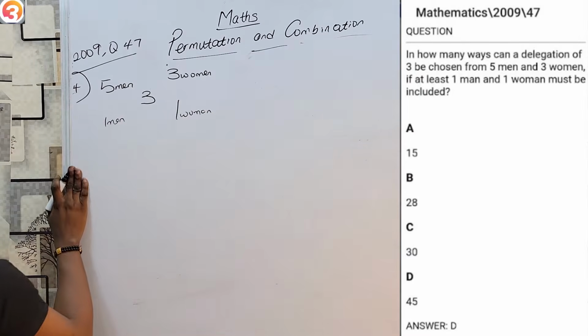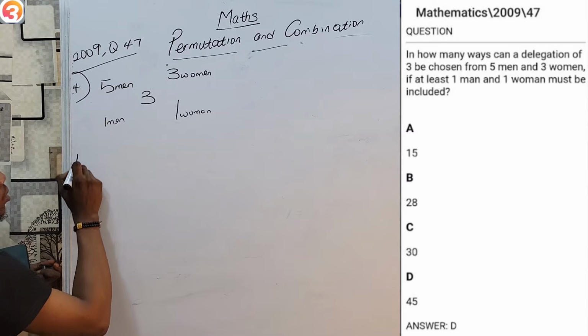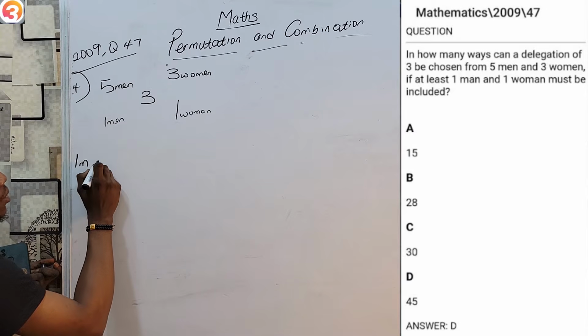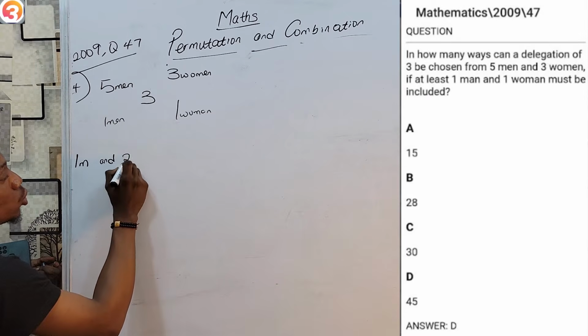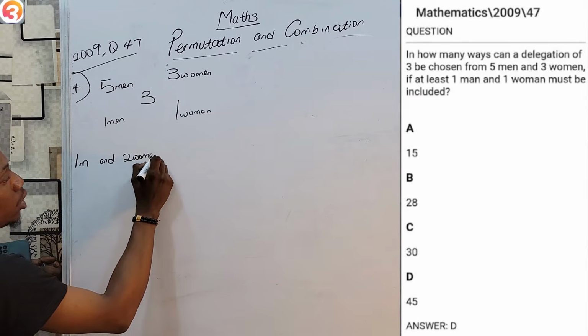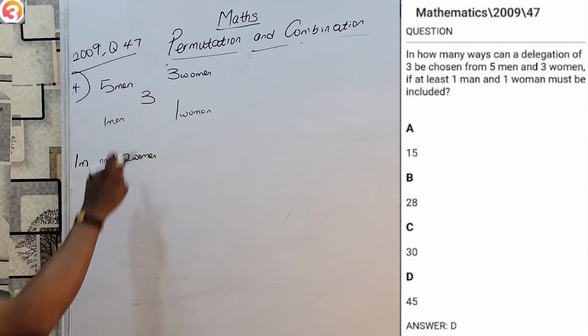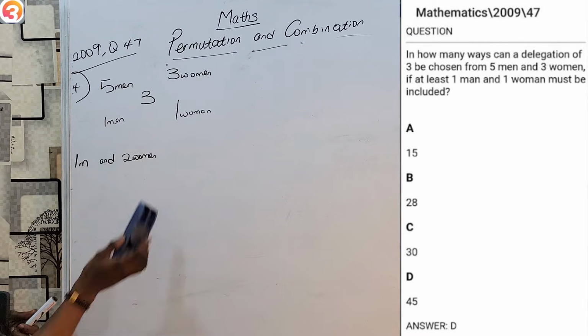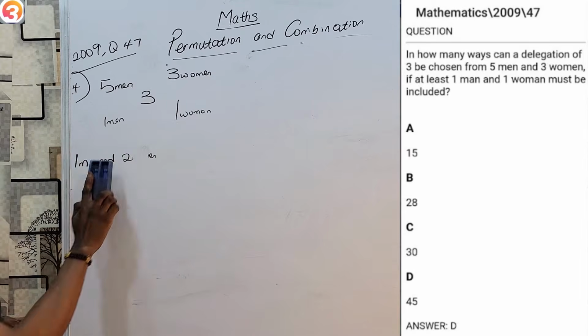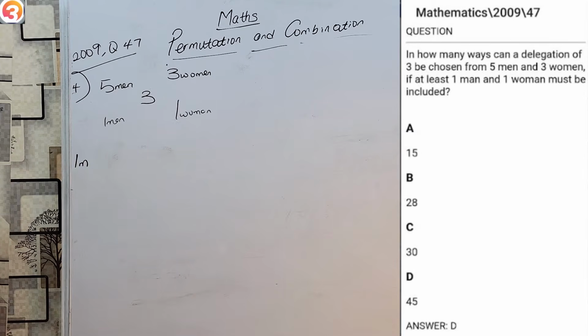That means if I was to start with 1 man, if the committee has 1 man, it must have 1 man and 2 women. So this is the only way to complete it to 3, which is what they told us they wanted. So I'm going to just use short for the women and use W instead. And for and, I'll use the common symbol for and.